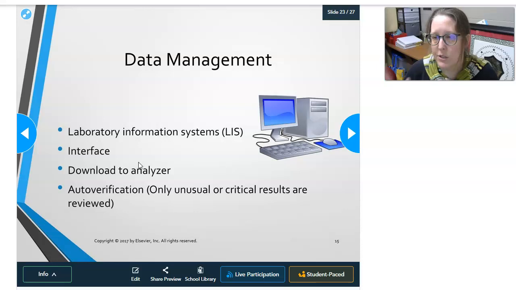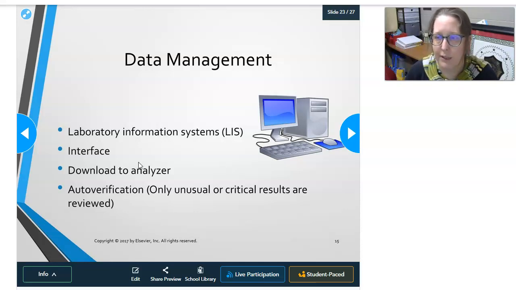And that interface is a two-way interface, so it allows the completed results to cross over to the lab information system, but also the ordered test to go from the lab information system to the onboard computer, so that when it reads that barcode and sees that specimen number from the patient, it knows what to do. The LIS sends it, okay, this barcode, you got to run these tests. And it's this patient. And so there has to be a two-way interface.